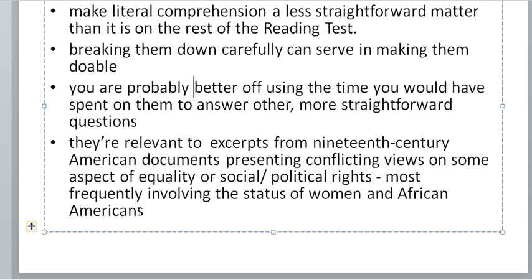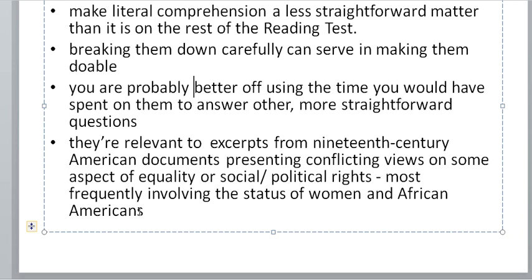These passages are excerpts from 19th century American documents presenting conflicting views on some aspect of equality or social and political rights, most frequently involving the status of women and African Americans. So all the topics discussed here are relevant to the culture of America, the United States of America.